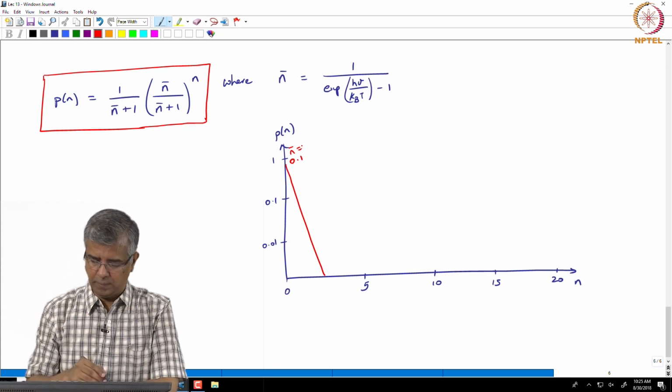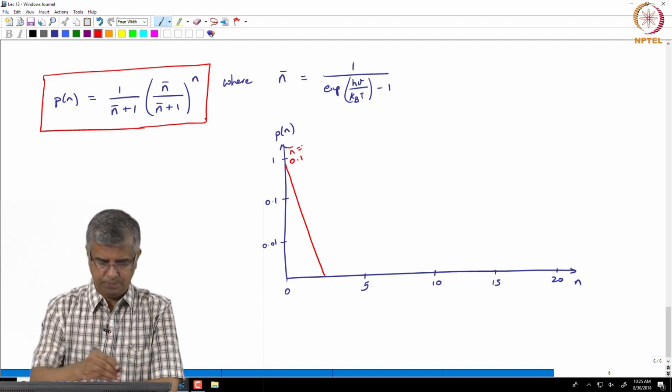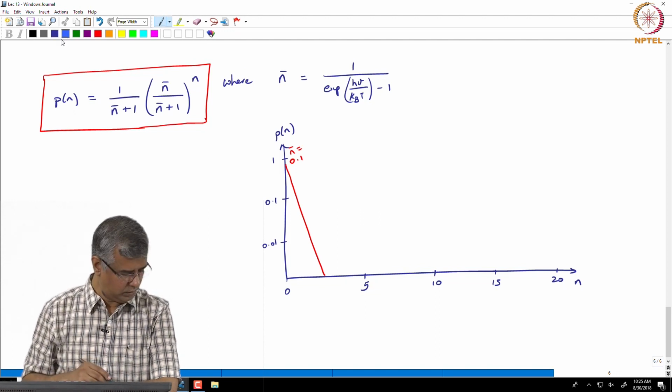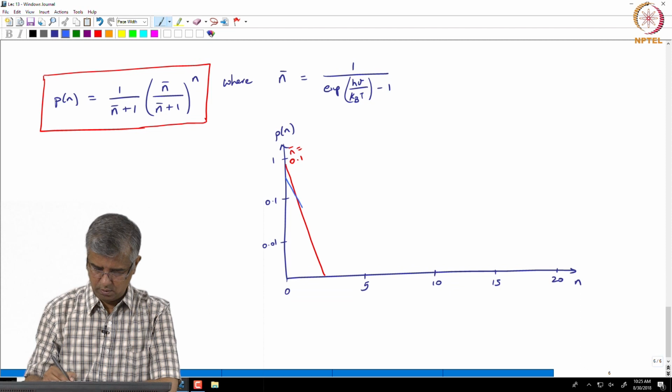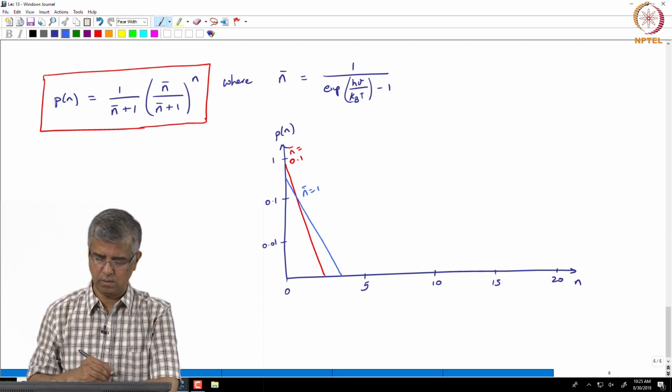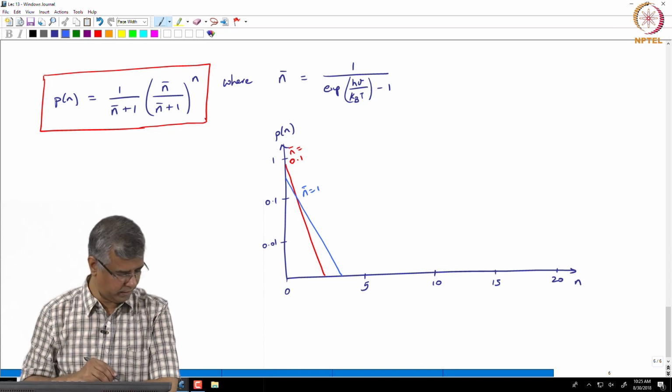And then for n bar equal to 1, it will be like this.